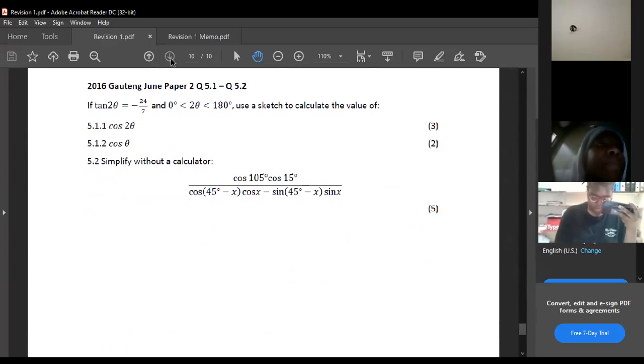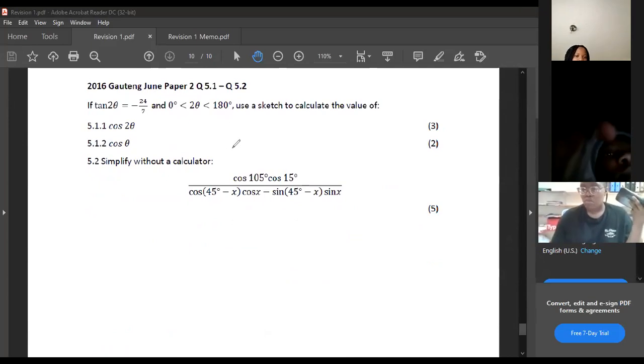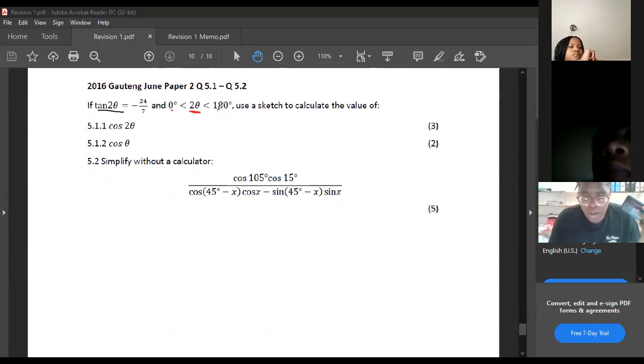If you have a scenario like this, here you have to be clever. They asked you about tan 2 theta, which means you are drawing a simple right angle triangle diagram for 2 theta. This is negative, and they're saying between 0 and 180.